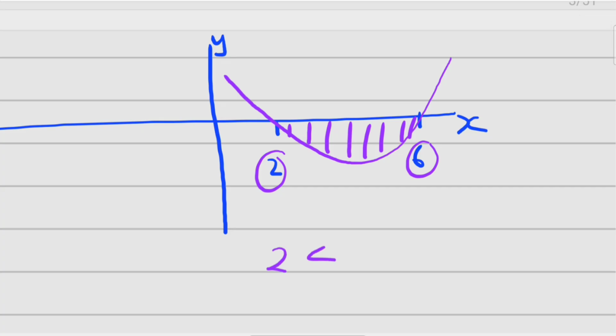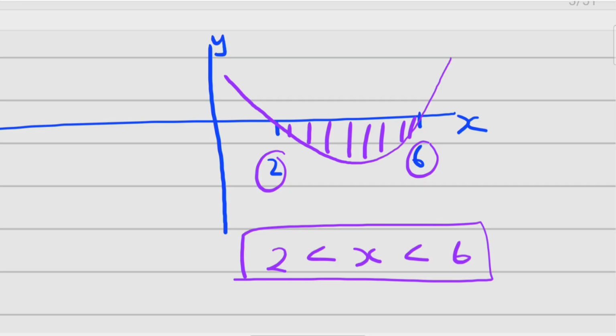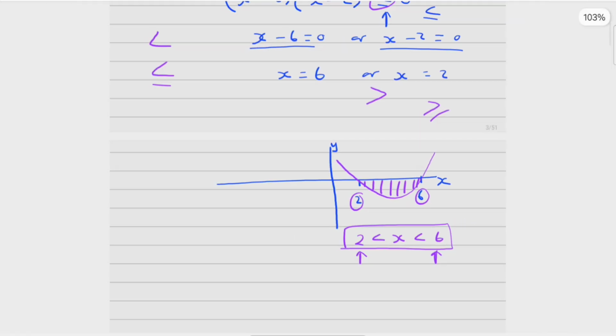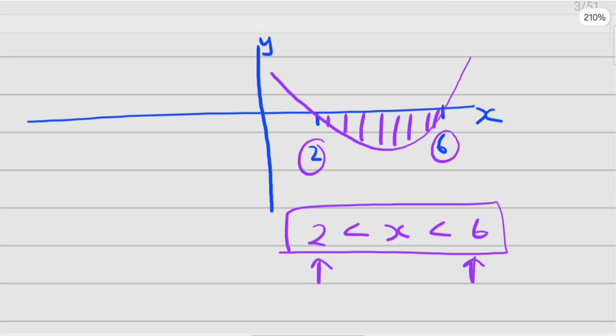So we put it this way. 2 is the lowest value that x can take, and the biggest value is 6. Then we write it like this. It's like we're saying from 2 to 6. Because there is less than or equal to, we can also put less than or equal to there.